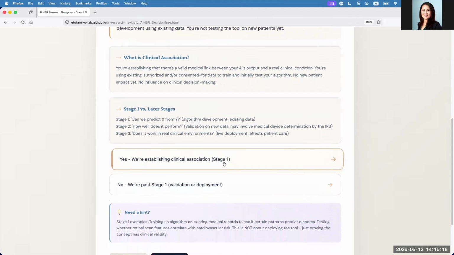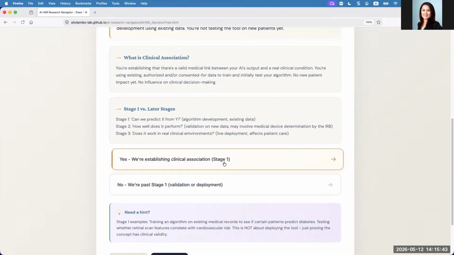Clinical association: establishing a valid medical connection between what the AI detects and an actual clinical condition. In our scenario, we're establishing that the vital sign patterns can potentially predict sepsis. That's what we're trying to prove, that clinical association.